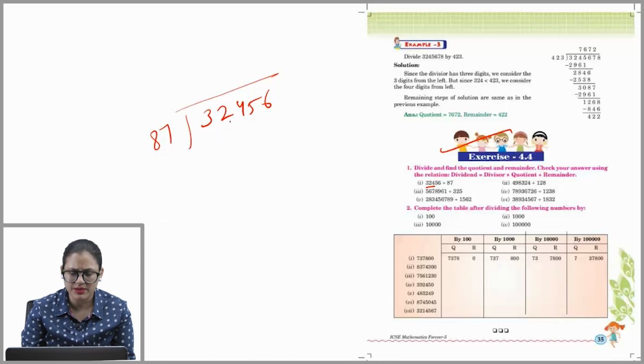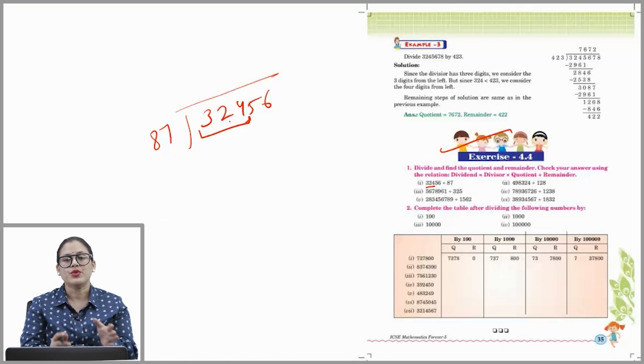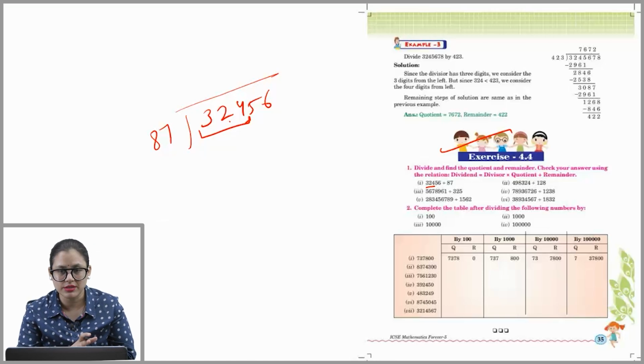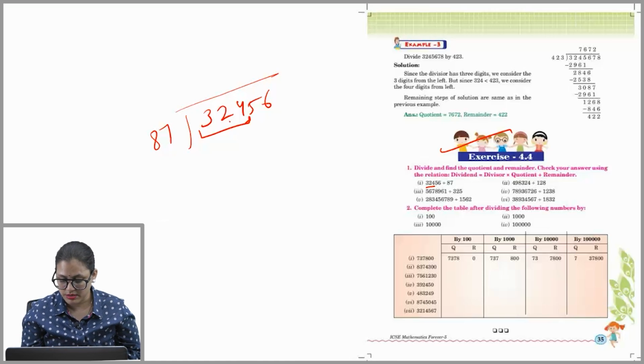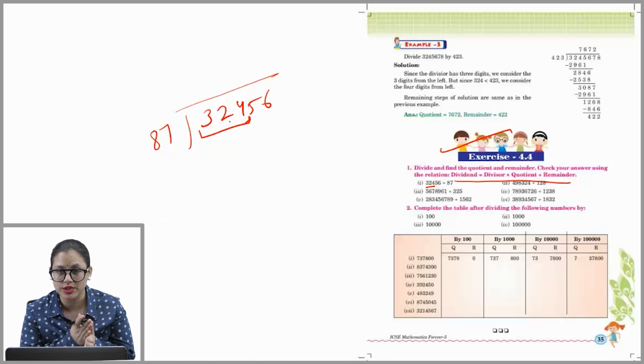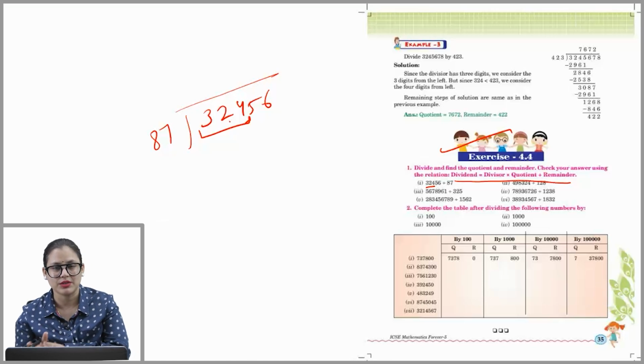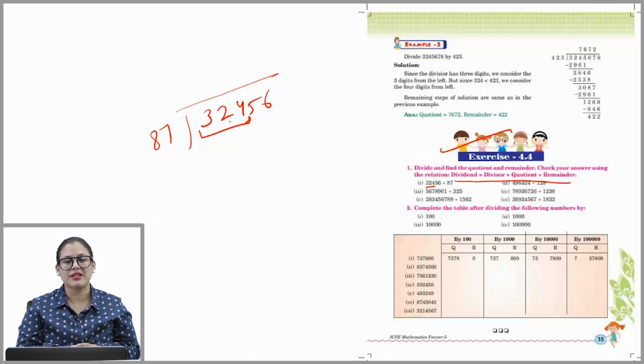First you will take 2 digits, but 32 is less than 87, so you will take 3 digits. Okay. So after finding the quotient and remainder, what will you do? You have to check your answer. And how are you going to check your answer? This is the relationship. Dividend should be equal to divisor into quotient and then plus the remainder. Okay, students. Now you will practice the remaining questions.